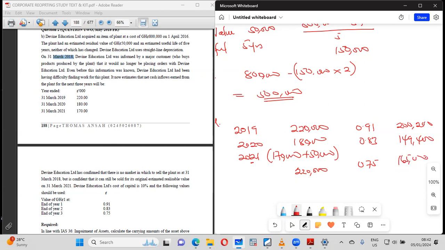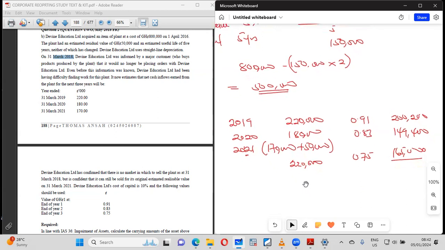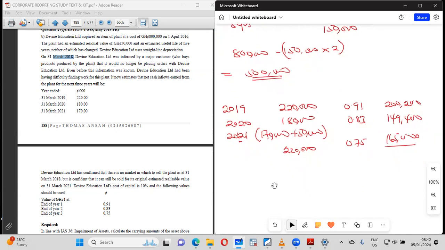So if I add everything together, where do I land? 165,000 plus 149,400 plus 200,200 gives me 514,600.